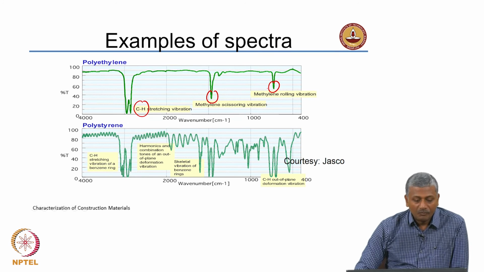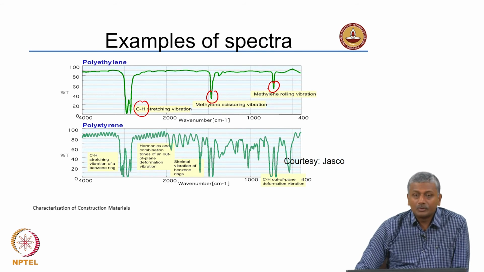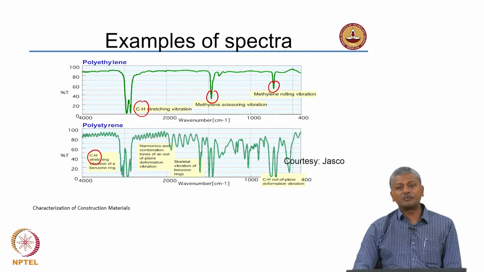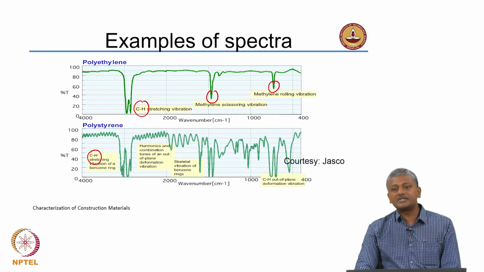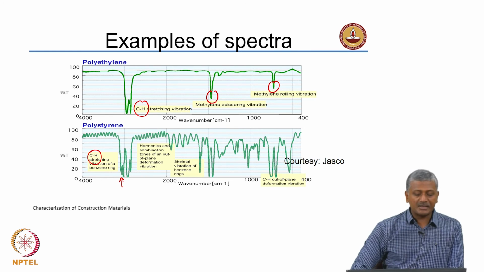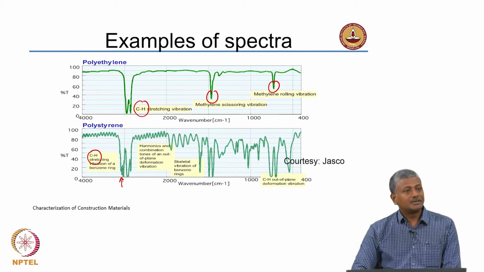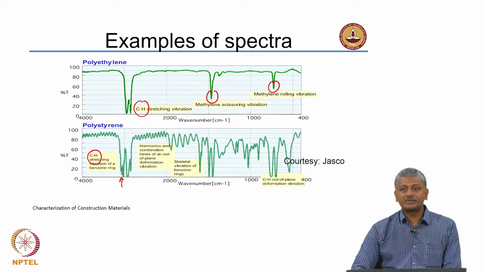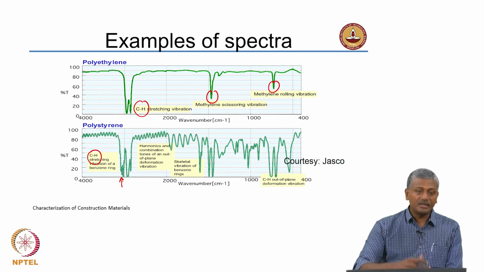Whereas in styrene you will have to somehow differentiate the effect here. The stretching of vibration between carbon and hydrogen happens inside the benzene ring in this case. Because of that your specific frequencies or wave numbers at which these kinds of transitions happen are going to be quite different from the carbon hydrogen stretching which happens in the case of polyethylene.